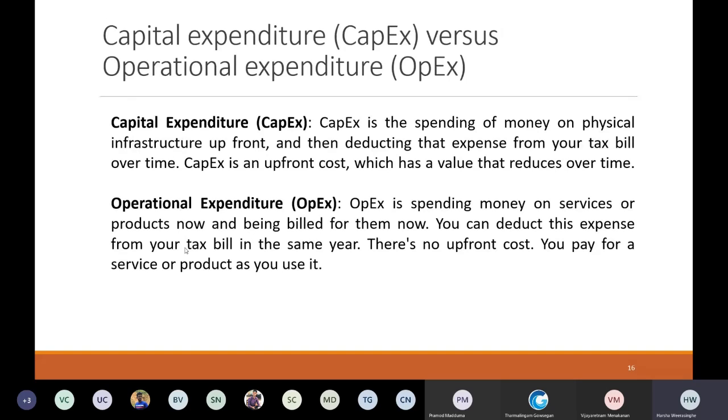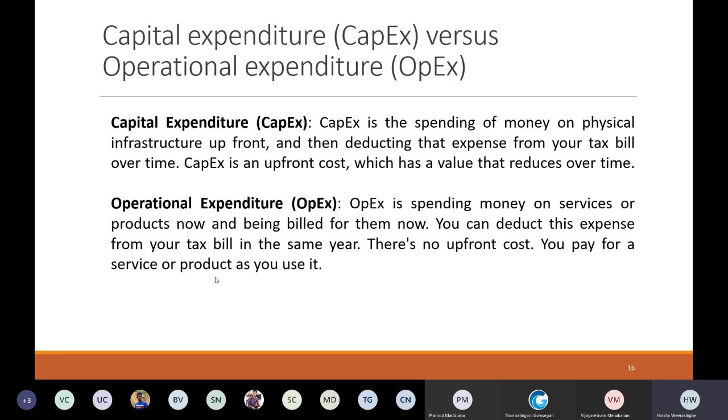You can deduct this expense from your tax bill in the same year. There's no upfront cost. When you are creating a virtual machine in Azure, at the time you are purchasing, you don't get any cost. When you reach your billing period, you get a bill, but that bill is just for the setup cost and the service usage that you did inside that virtual machine. So that's the operational cost.